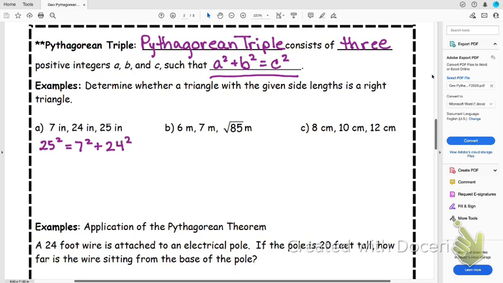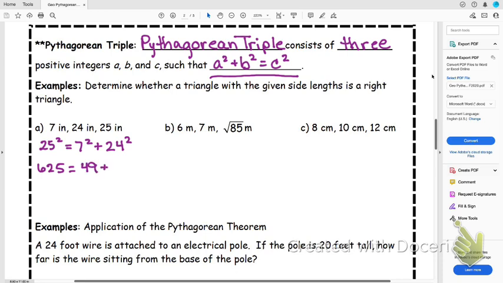Would this change if I gave you a picture? No. Okay, so 25 squared is 500. Isn't it 625? Okay, what's 7 squared? 49.